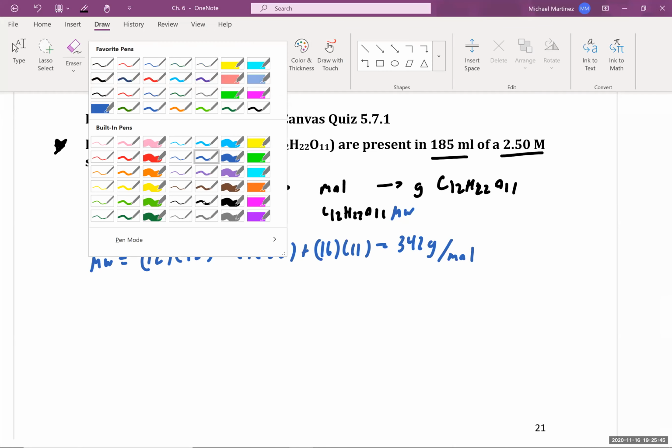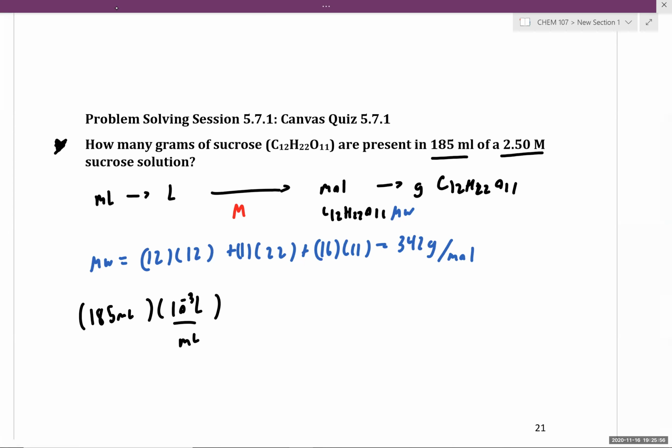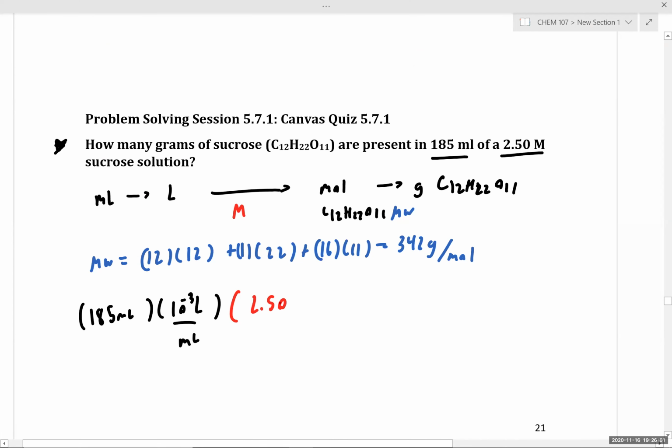Now we're ready to continue on with this. So if we have 185 milliliters, we know that we have 10 to the negative third liter per milliliter. For our molarity, we know that we have 2.50 moles of sucrose per liter. And then we know to get the mass, we have 342 grams per mole of sucrose.